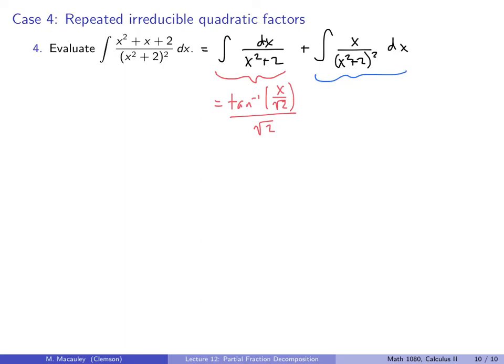And for this one, we do u substitution, so we let u equal x squared plus 2, so we get du equals 2x dx. I'm going to do this slightly differently from how I did the previous u substitution. I look at this and I say x dx is what we want, so I'm going to write x dx equals 1/2 du, and that is what we want to substitute in.